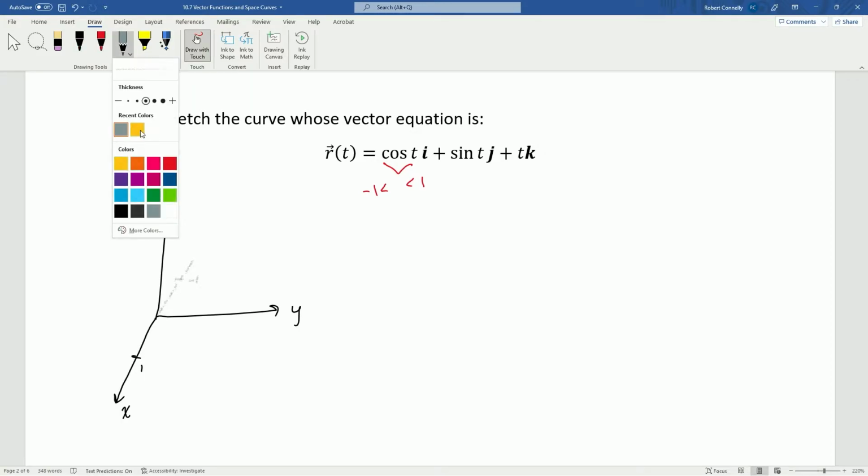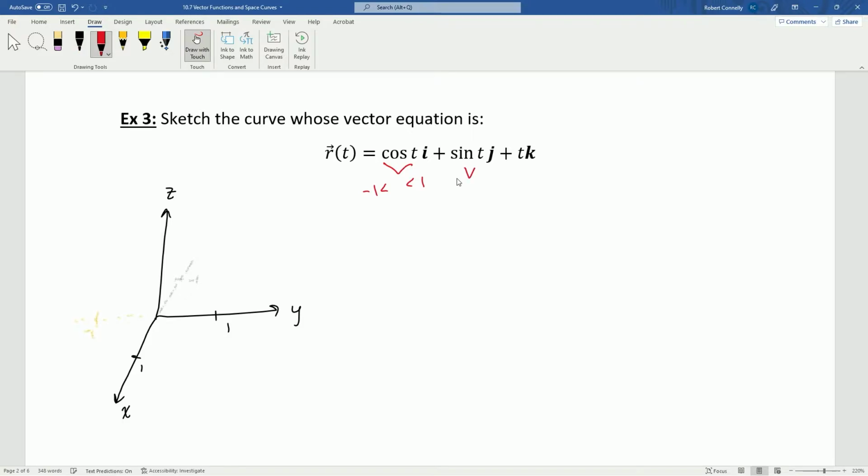And similarly, the y value that we get has to be between 1 and -1, since sine of t is between 1 and -1.